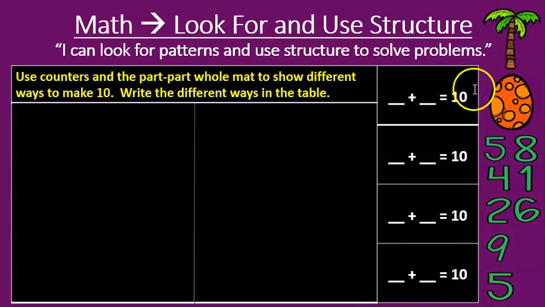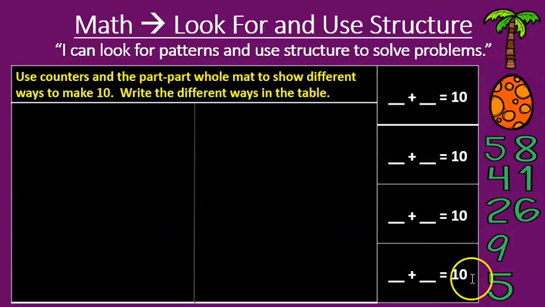And I want you to draw also this. Now look, all your numbers that you're going to find, you have to make sure they all equal 10, okay? You're going to draw pictures on here on your paper. Make sure you put the numbers underneath it and make sure your 2 numbers equal 10.